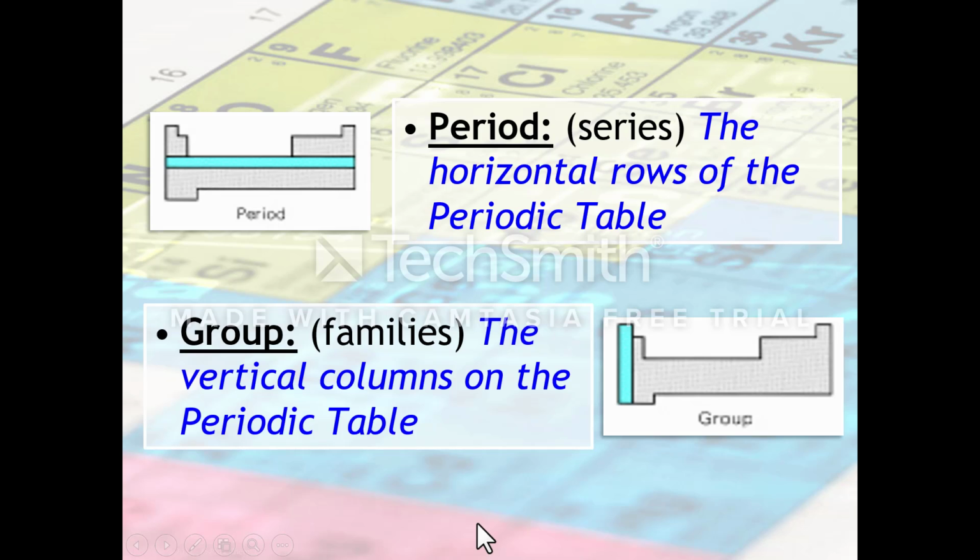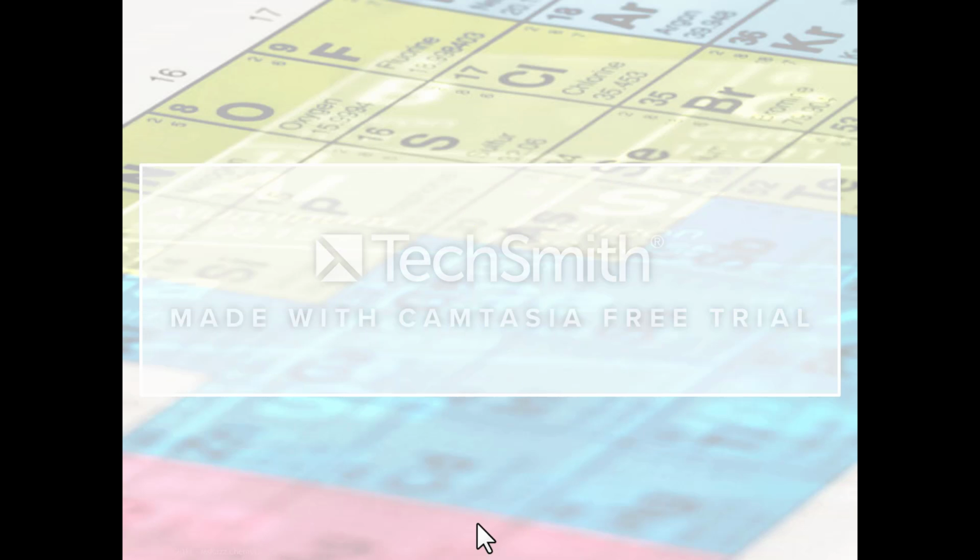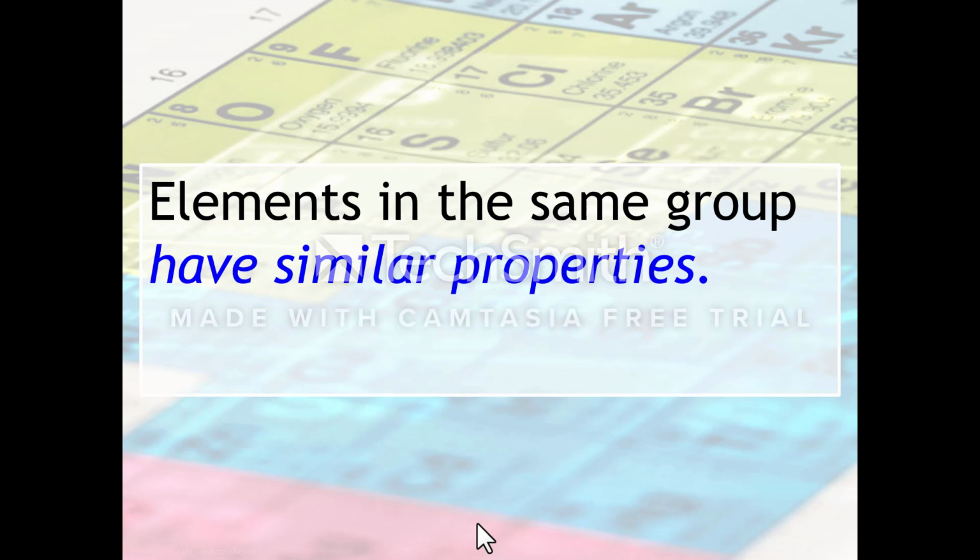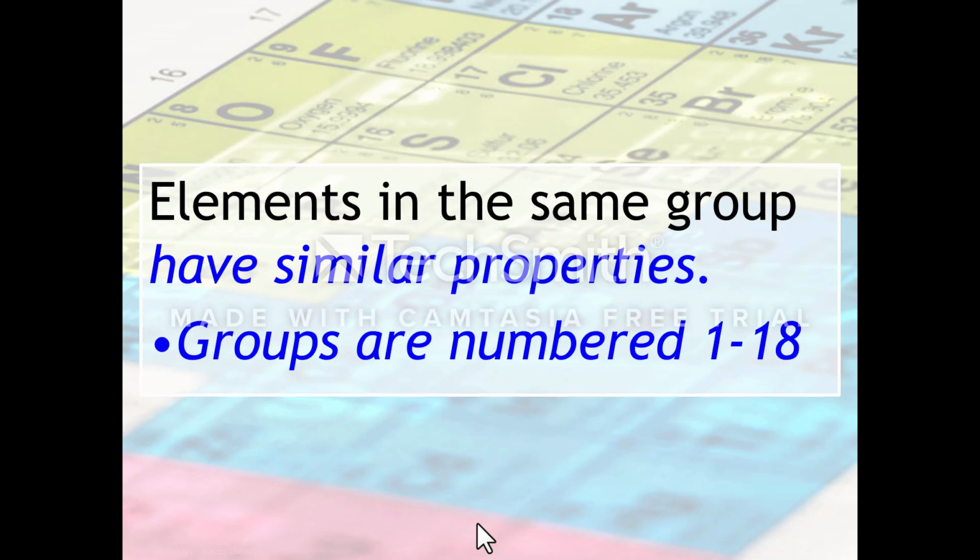We could also call those families. All right, so elements in the same group have similar properties. And remember, the groups are the columns, the up and down columns. And again, 1 through 18, you see that at the very top of your periodic table.